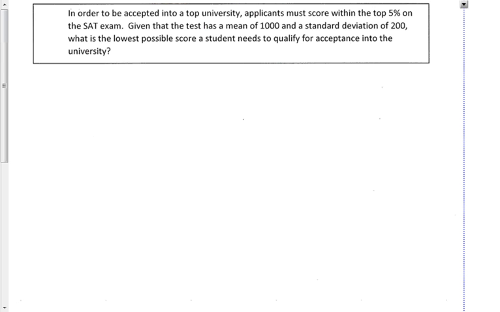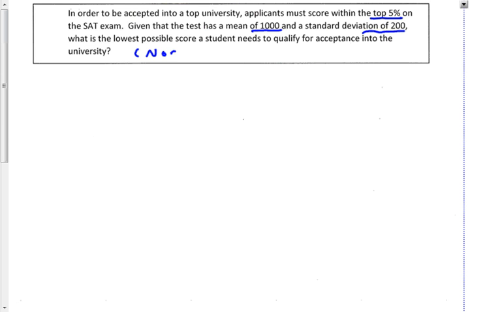in order to be accepted into a university, you must score in the top 5% on the SAT exam. It has a mean of 1,000 and a standard deviation of 200. And this is normally distributed.